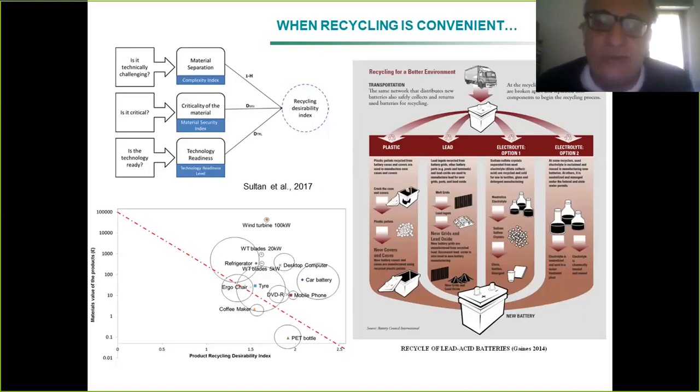In other cases, you can have thermal recycling, so you have this kind of fluid, which then you can go further, and you can basically come back to the constituting elements.